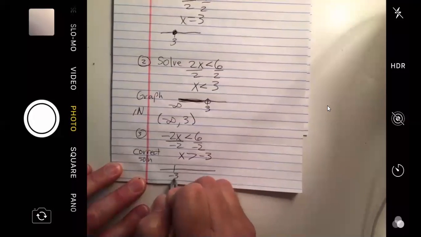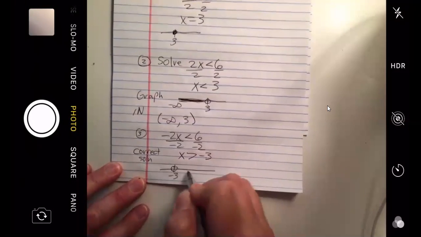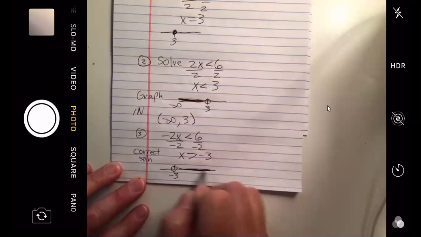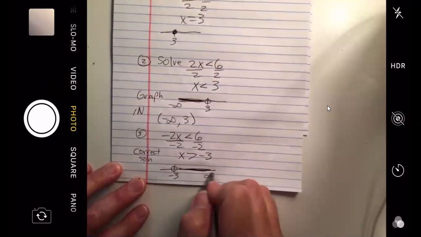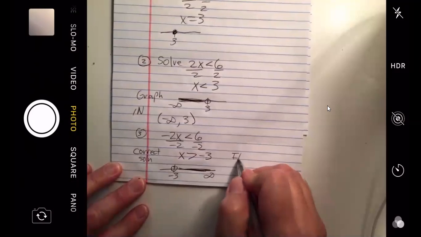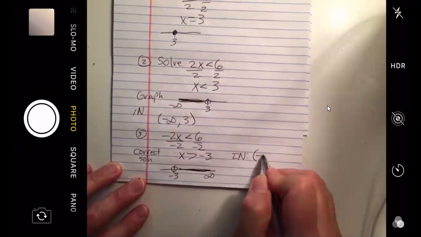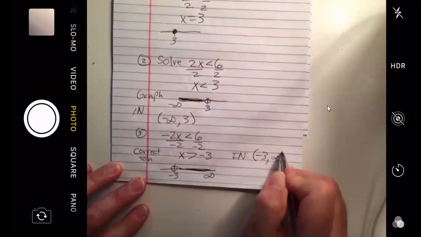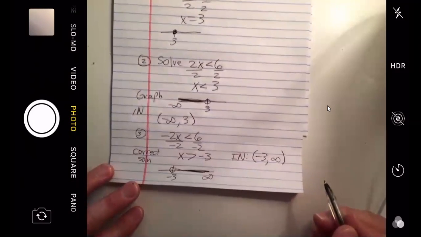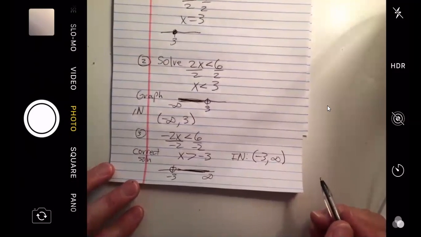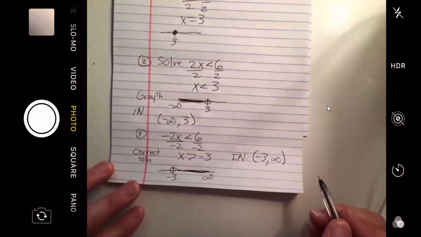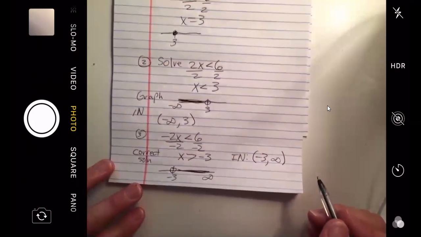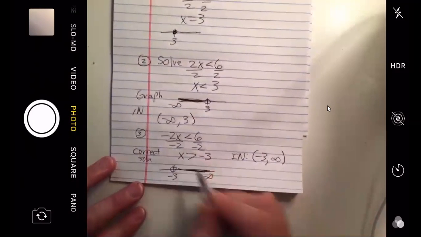Graph negative 3, you'd have an open circle, but you'd be shaded this way. Infinity there, interval notation, parentheses, negative 3, comma, infinity. I hope you've seen that before.